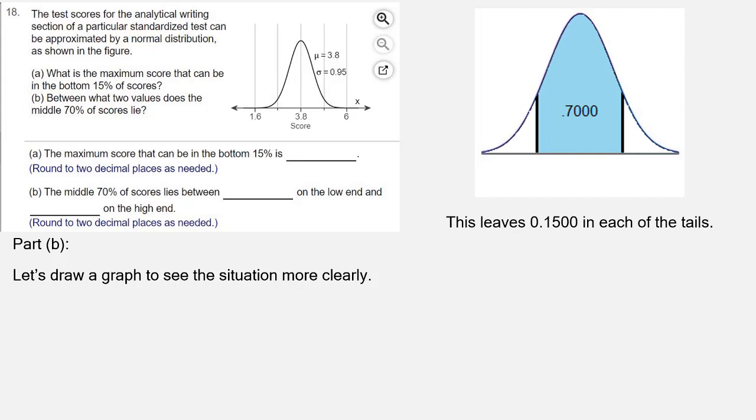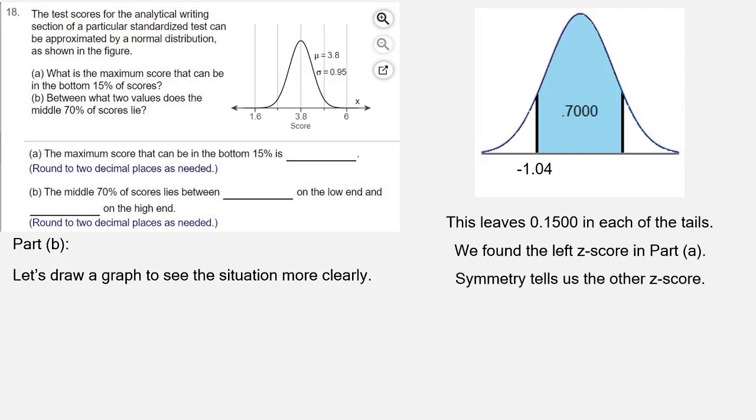Because of symmetry, that 0.3000 is cut in half. Well, that's basically what we just did in part A, because we were looking for the bottom 15% of scores, which was 0.1500. So that tells me that the z-score on the left-hand side is negative 1.04. By symmetry, we get that the other z-score is positive 1.04.